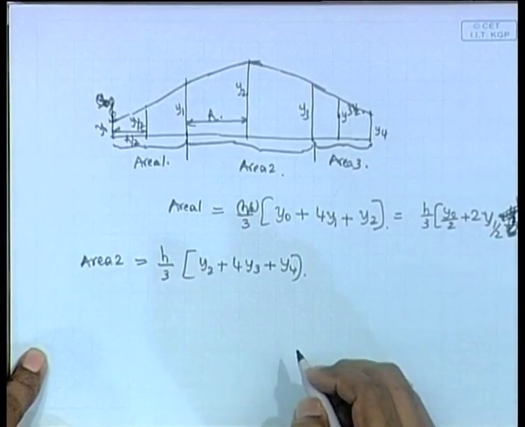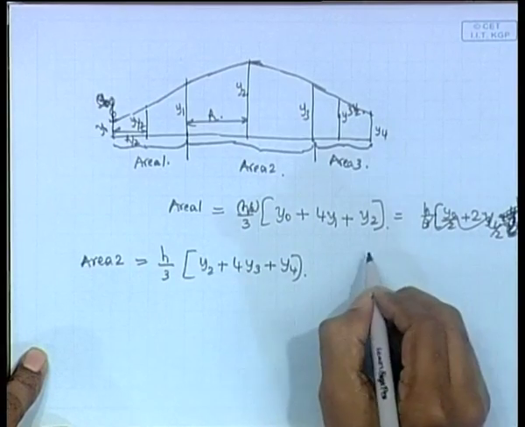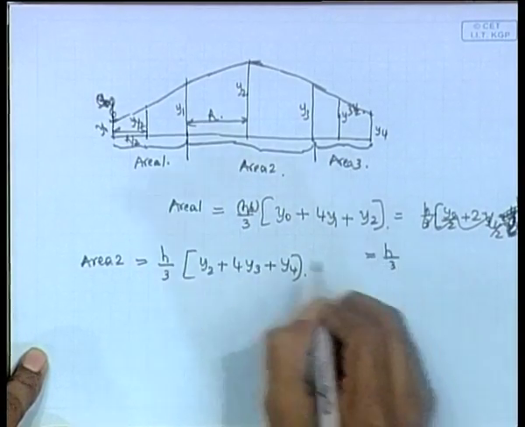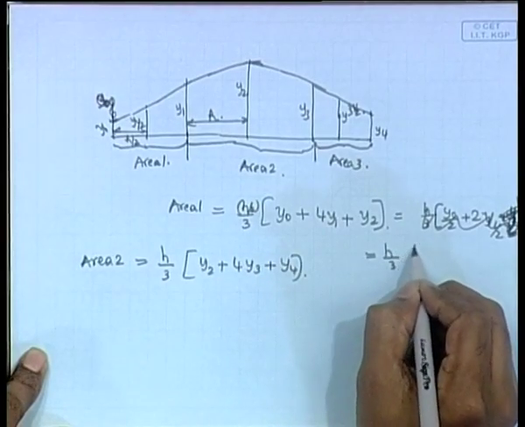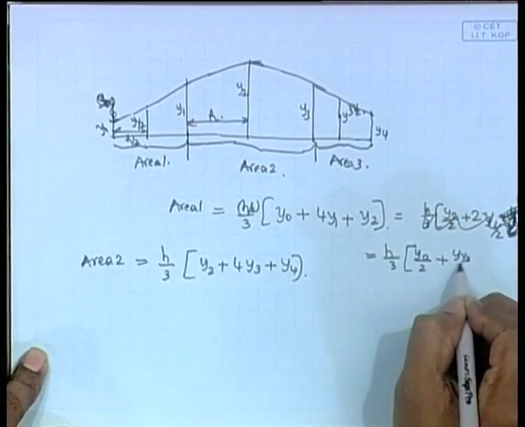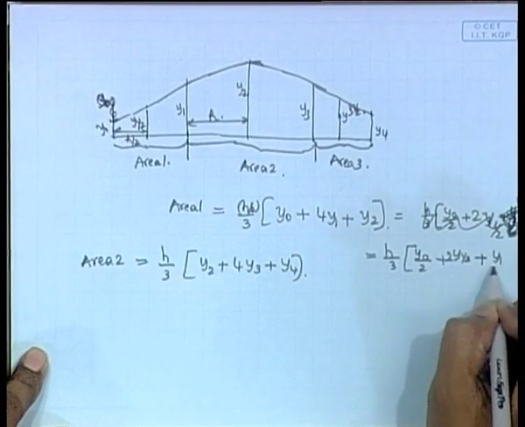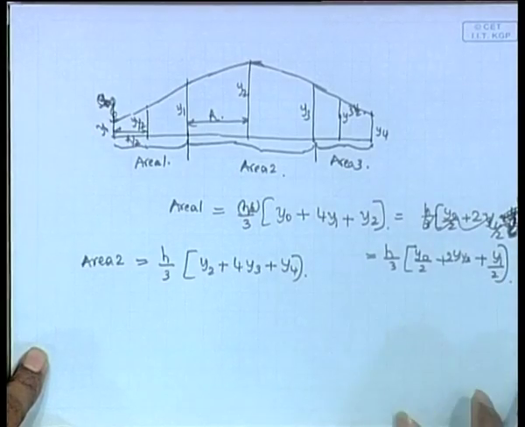I made a mistake there. h by 3 into y 0 by 2 plus 2 y half plus y 1 by 2, correct.